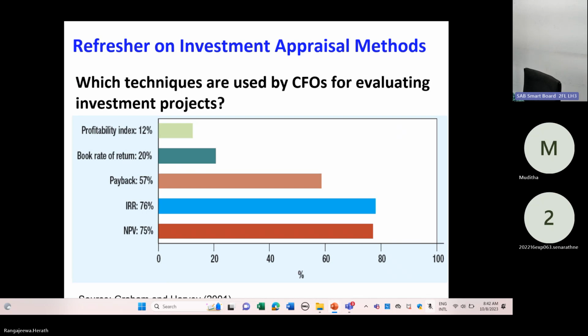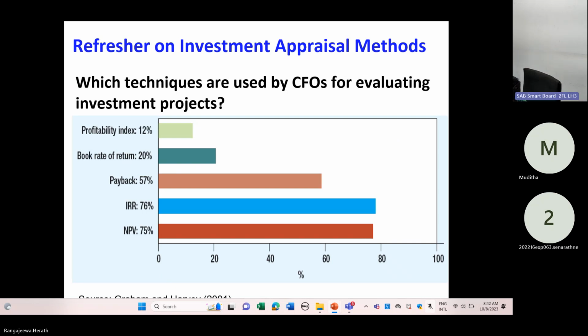Net present value. When you invest 10 million, that's your cash outflow. And you take how much net cash inflow is generated from the project over the project period, say 5 years. When you take the net cash inflows over the 5 years, that is 15 million. But that 15 million occurs over a 5-year period.